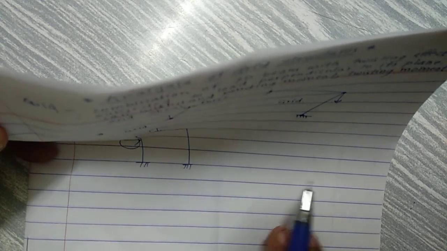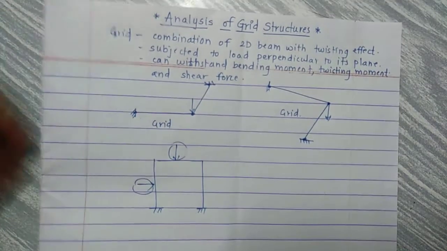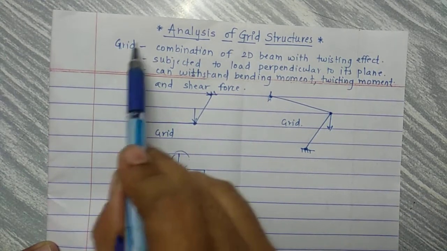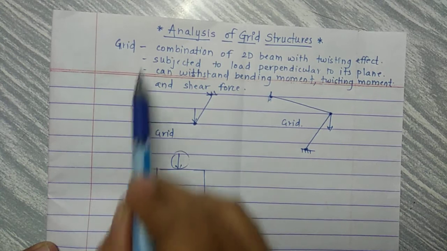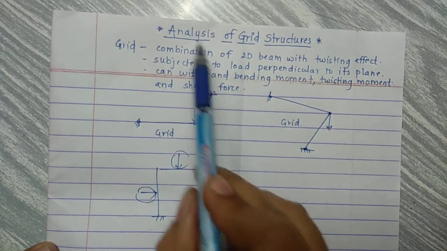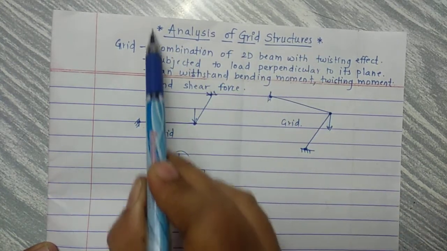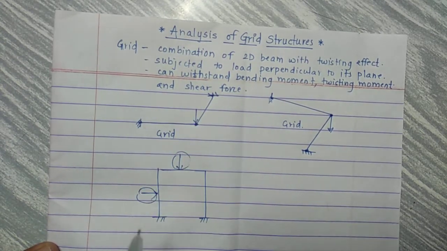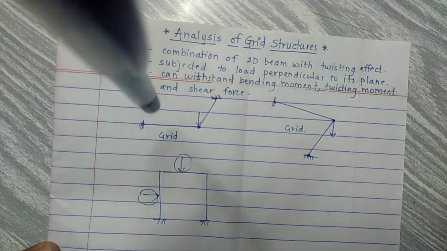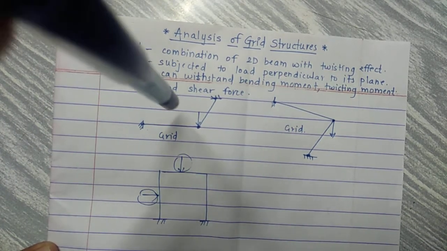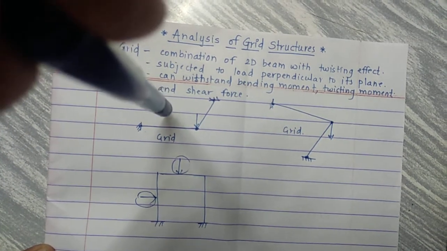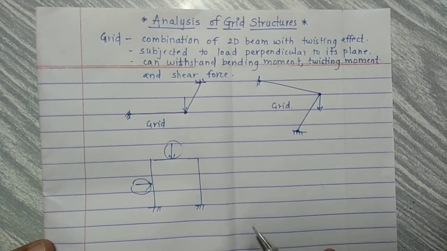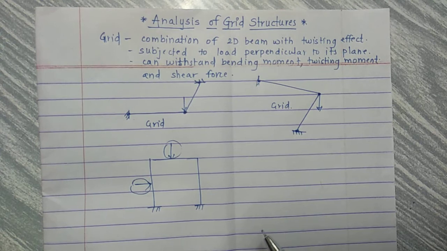Whereas if we consider the grid, consider the plane of paper as the plane of grid. Suppose here is one grid member, the second member is here. So the load which is coming on the beam is in this direction, perpendicular to the plane of paper, the plane of grid. That is the basic difference between the loading of frame and loading of grid.